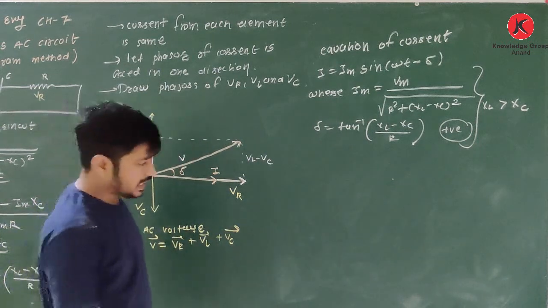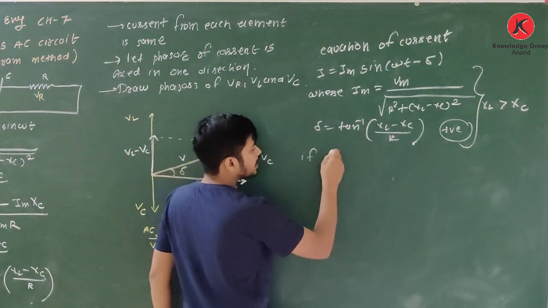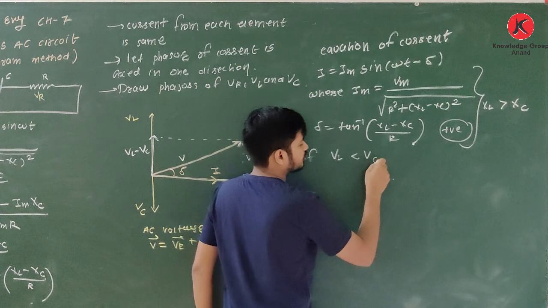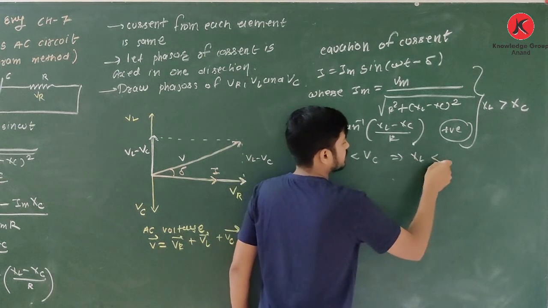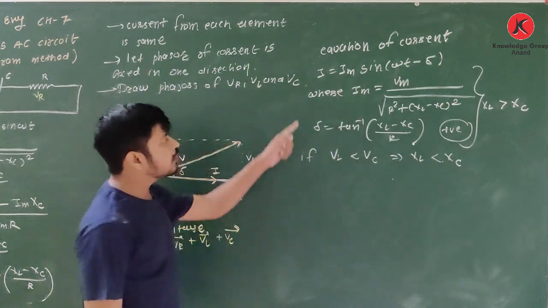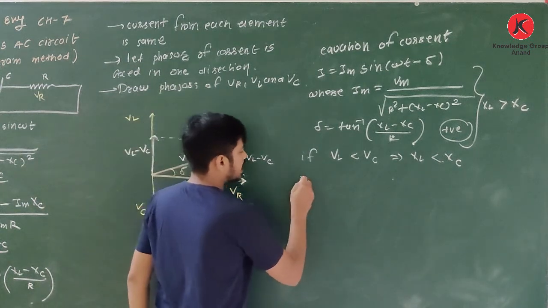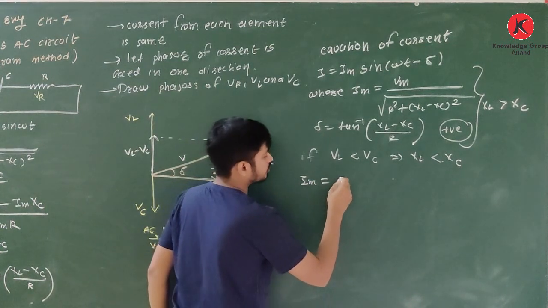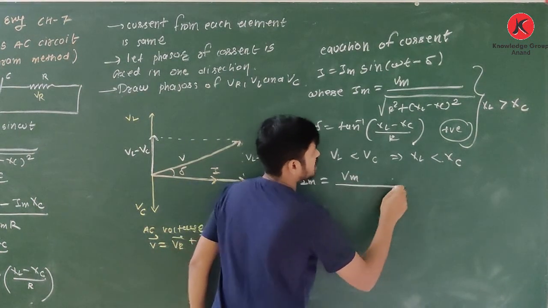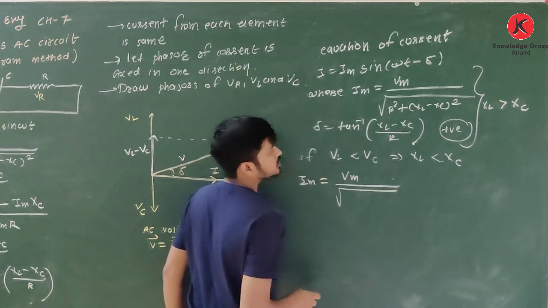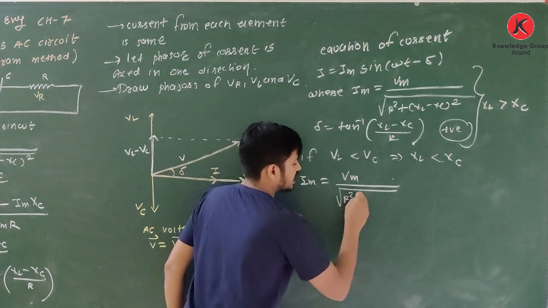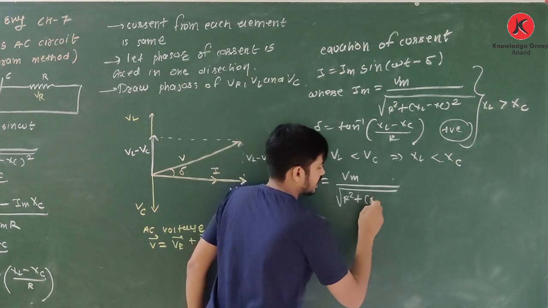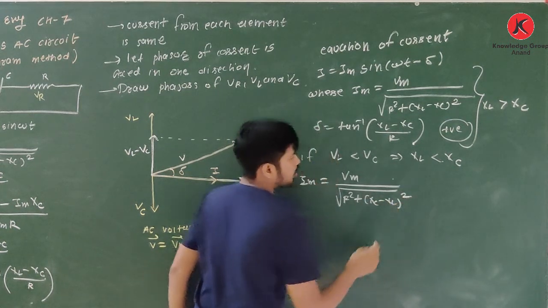Now if VL is less than VC, it means XL less than XC. Then how to write such equation? Im is equal to Vm upon under root R square plus XC minus XL whole square.